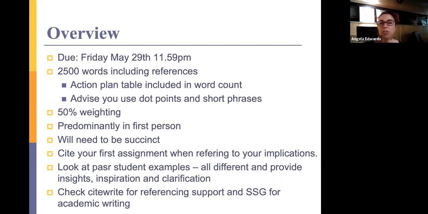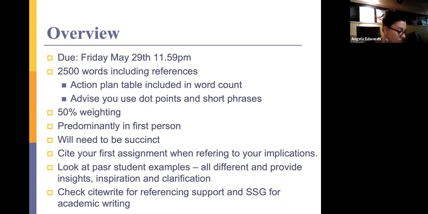I cannot stress enough that it needs to be concise. It needs to be succinct. And also in terms of your similarity report, if you just reiterate verbatim what you have done in your previous assessment, obviously that's going to come up really high in your similarity report.